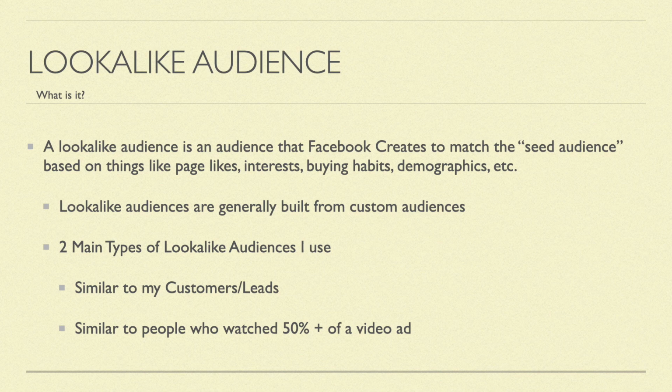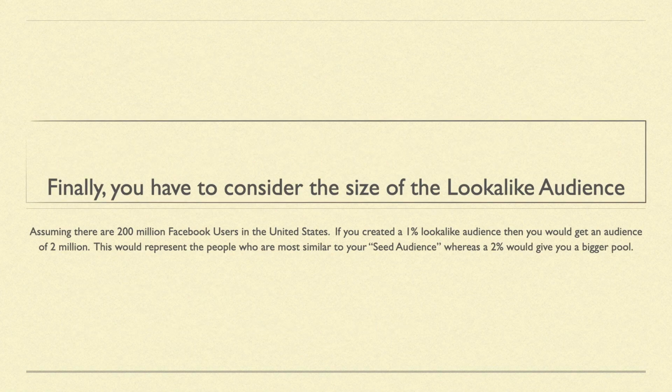So then I can create a lookalike audience and start targeting them, which is hopefully going to give me a better cost per 1,000 views than if I would initially just target interest-based targeting, which everybody has access to. I hope that makes sense. So that's the difference between custom audiences and lookalike audiences and when you should use one versus the other.